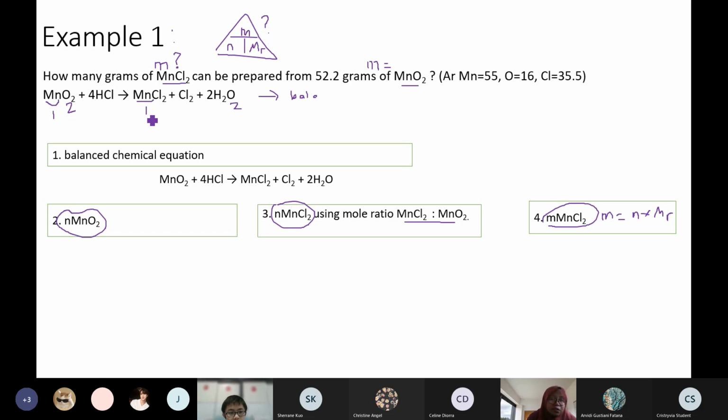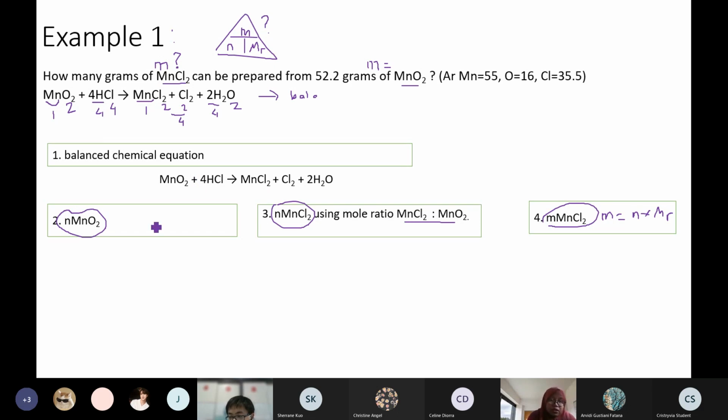And then hydrogen, 4 hydrogens and also 4 hydrogens. Next, chlorine, 4 chlorine and also 2 plus 2 is 4 chlorine. Balanced. So this is the balanced chemical reaction.